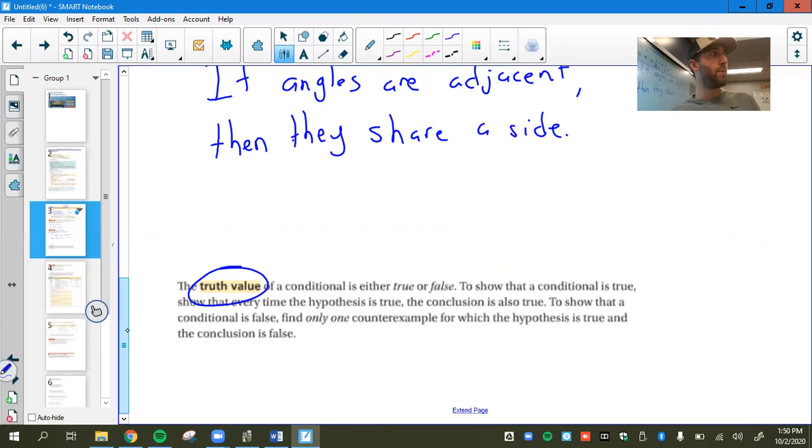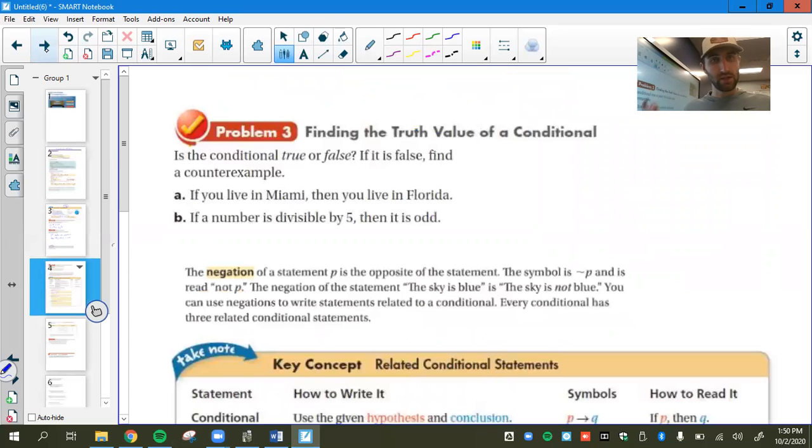If an apple is green, it is sweet or something like that, right? Well, a counterexample is Granny Smith apples are not sweet. So that would negate the truth value, which would make it false, right? So basically, you're looking for something to counteract the statement.